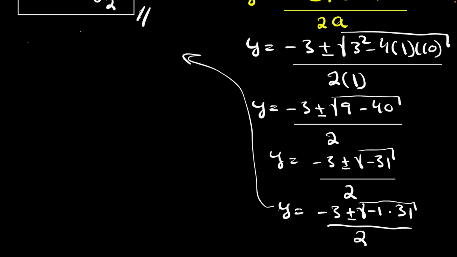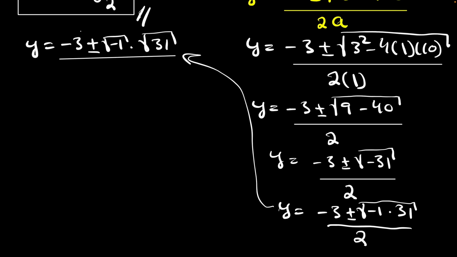Y is equal to negative 3 plus or minus. Now I can write negative 1 and 31 as separate square roots, negative 1 times 31. I didn't change any value, I just changed the form. So over 2.